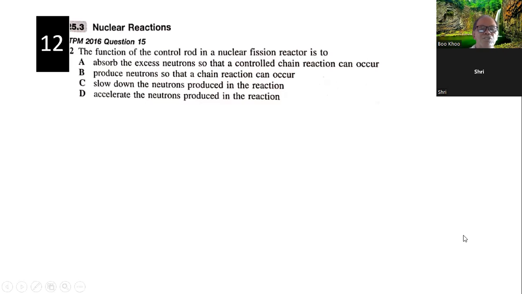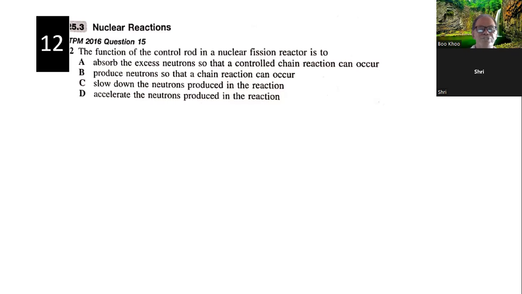The function of a control rod in a nuclear reactor is to... A. Okay. That's the purpose of control. You don't want the reaction to go into an uncontrolled chain reaction, right?